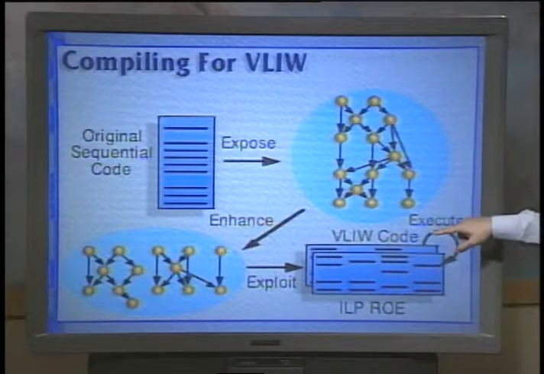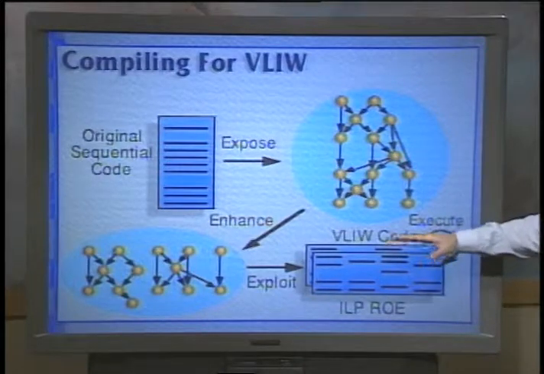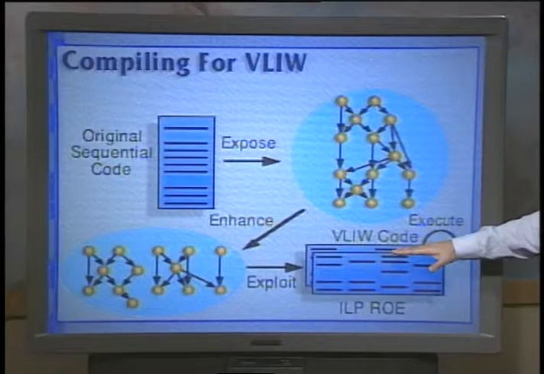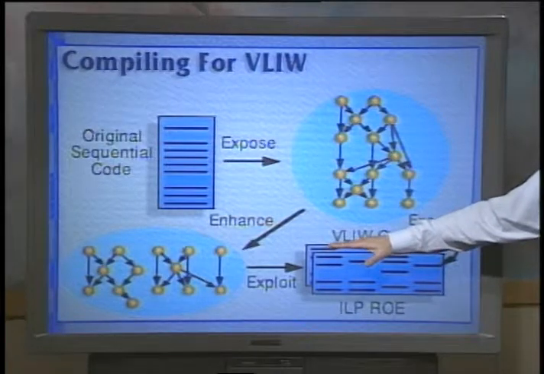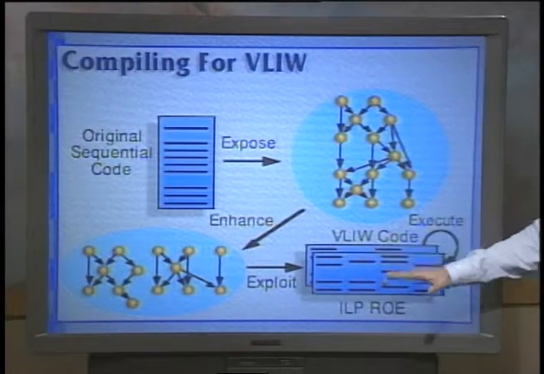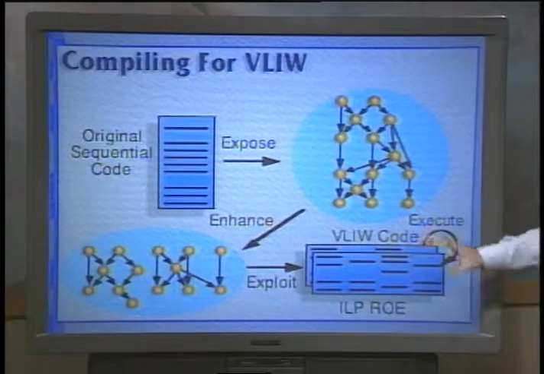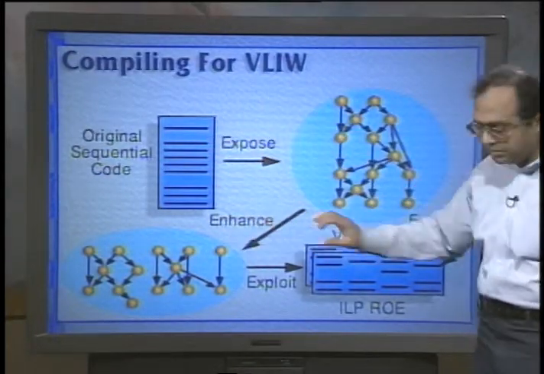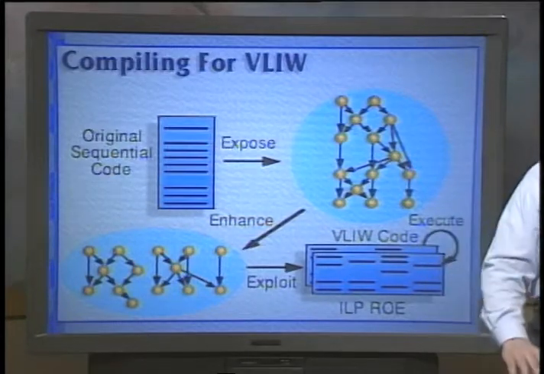And then the hardware's role is to just literally do what it's been told and to take all the instructions that have been packed into one VLIW instruction, issue them in parallel, and then move on. So once again, the entire burden is on the compiler to go through these various steps.